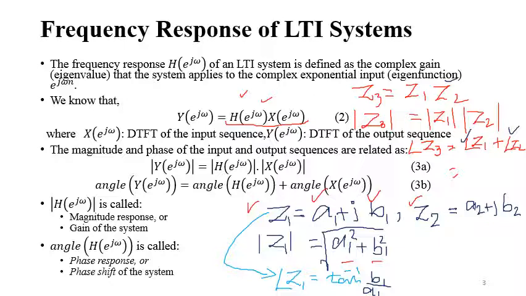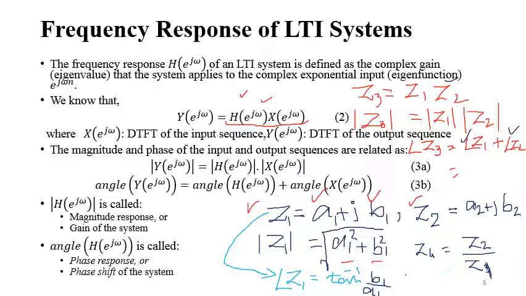Similarly, if we have another complex number, say z4, such that z4 equals z2 over z1, then the magnitude of z4 will be equal to the magnitude of z2 divided by the magnitude of z1.